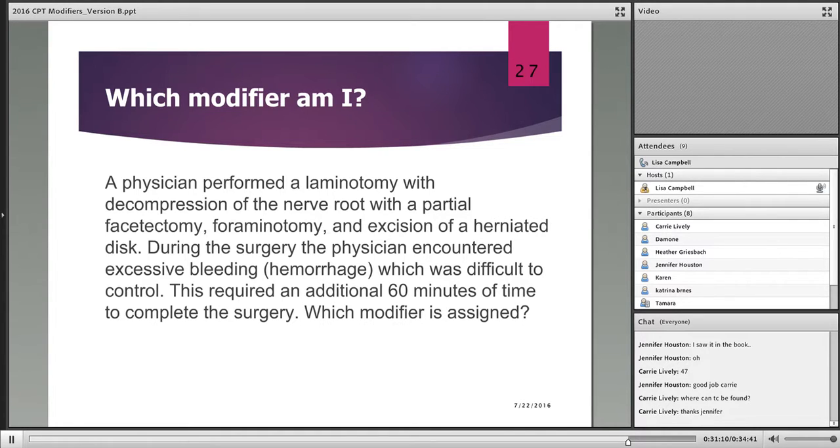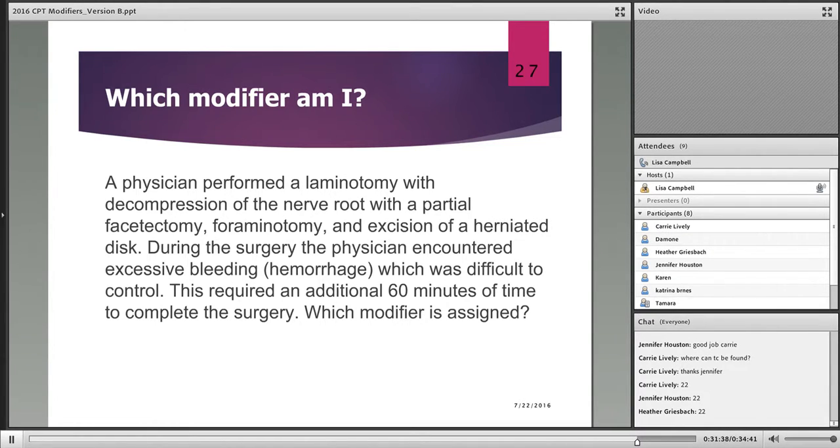Which modifier is assigned? Okay, modifier 22 is correct.